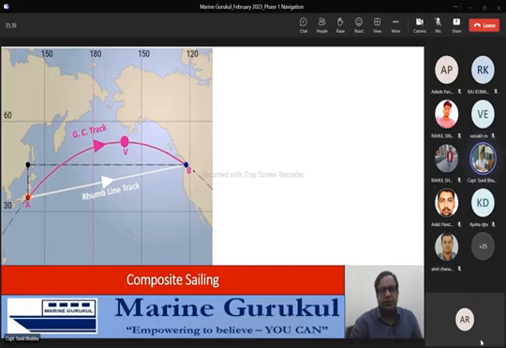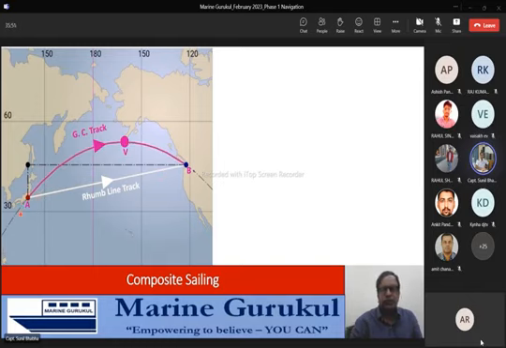On Mercator chart, the GC track would be a curved track and a rhumb line track would be a straight line track. We all know that on Mercator charts, because the meridians are parallel straight lines, therefore the rhumb line tracks are straight lines. Now here it may appear that GC track is a longer distance, but that is not so. It is the GC distance along the GC track which shall be the shortest distance.